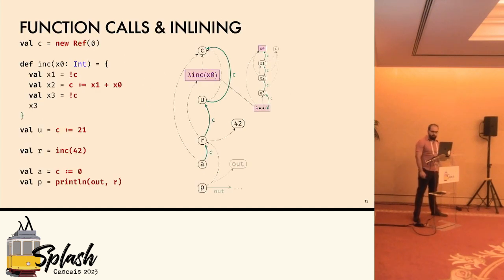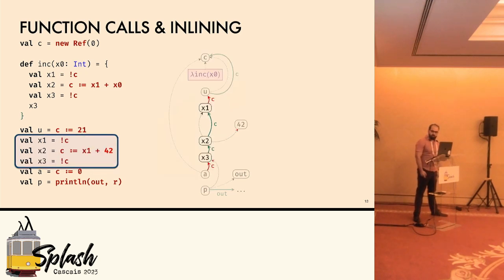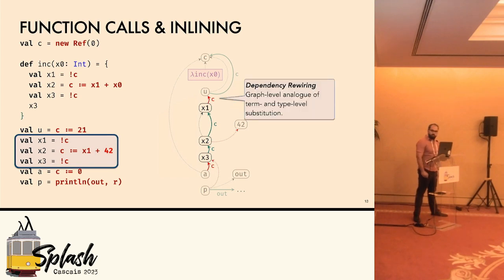As a fine graph transformation, I want to quickly brush over function inlining. Since we now have lambdas at the graph level, it pretty closely corresponds to the notion of application and substitution in the term level. And all we want to do at a call site is just paste the instance of the body here and patch up the dependencies. That's the more intricate part.